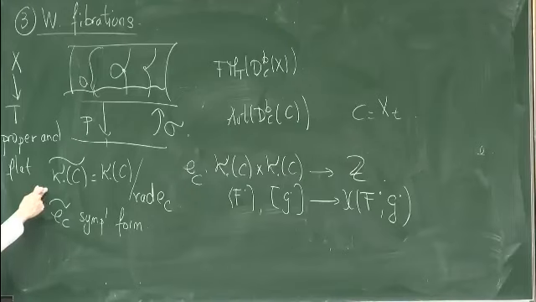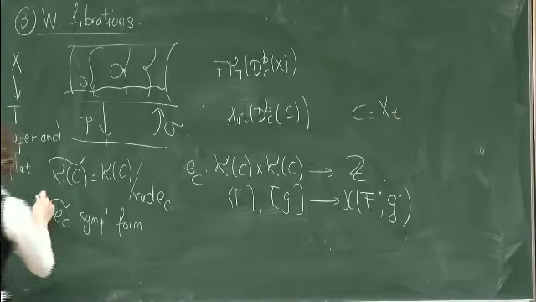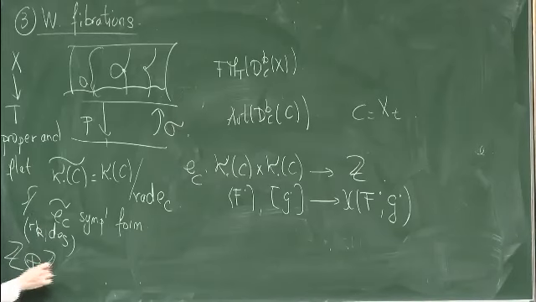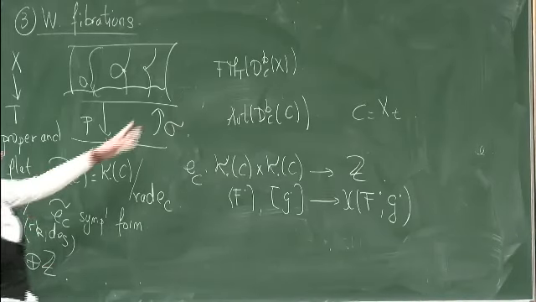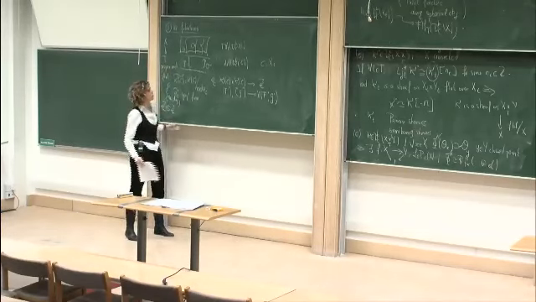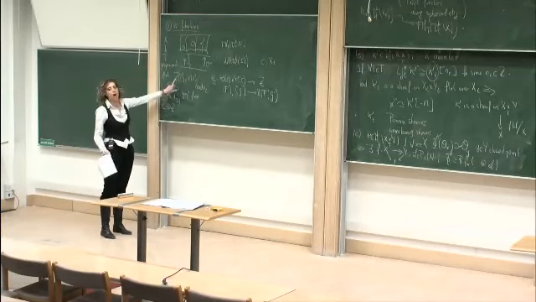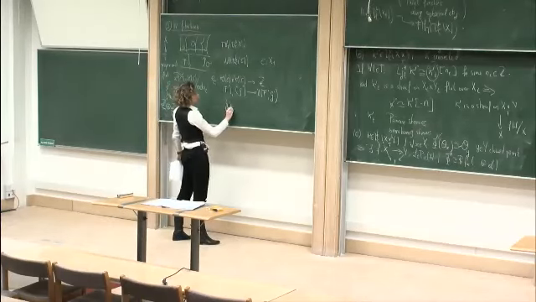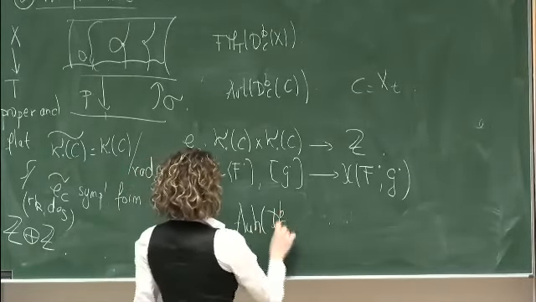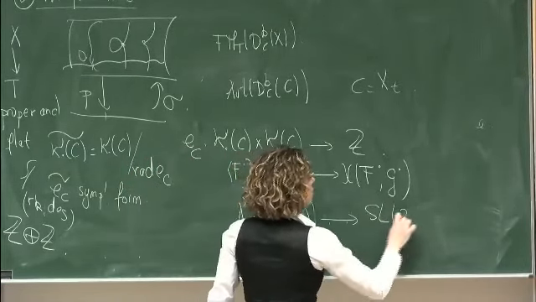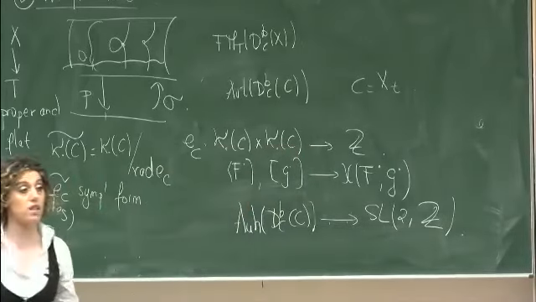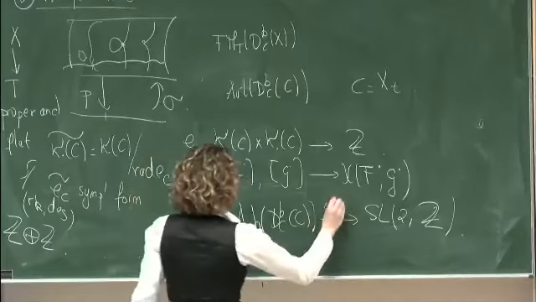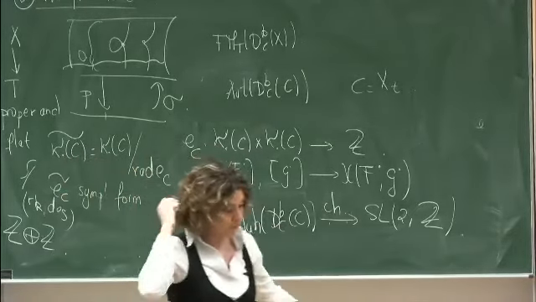In fact, this group, in the three cases, by means of the rank and the degree, is isomorphic to Z plus Z. So taking into account that any autoequivalence induces an isomorphism of this group that preserves this symplectic form, you have a group morphism from the autoequivalences to the special linear group SL(2,Z), the matrices that have determinant equal to 1, because of that. So this matrix is given by the Chern character.